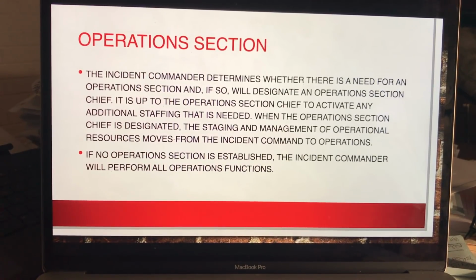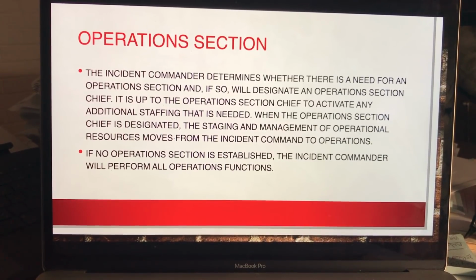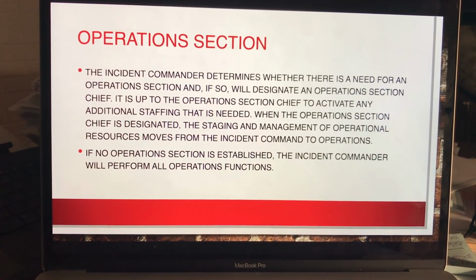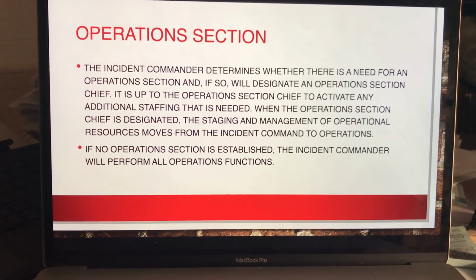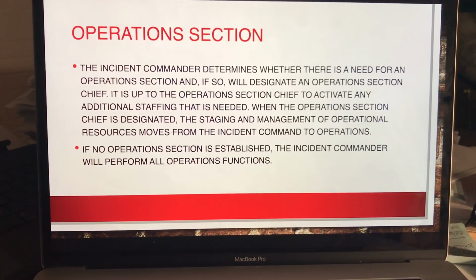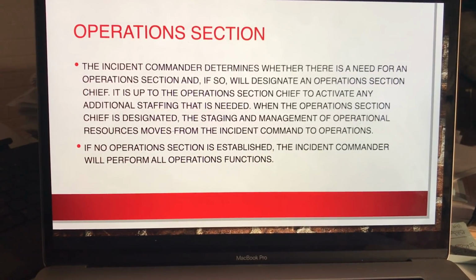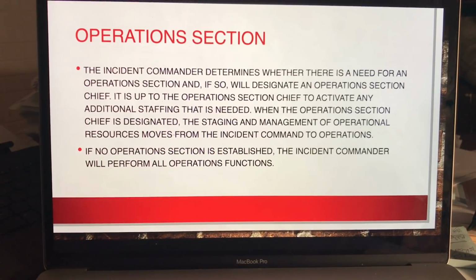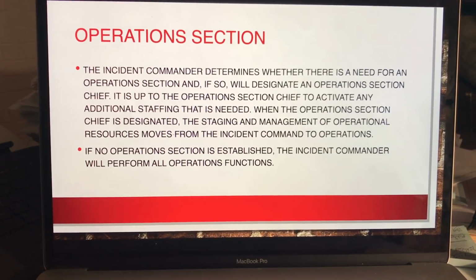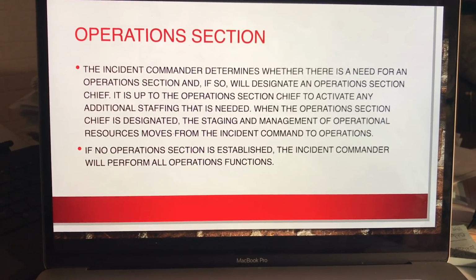So, what is the operations section? The incident commander determines whether there's a need for an operations section, and if so, will designate an operations section chief. It's up to the operations section chief to activate any additional staffing that is needed.